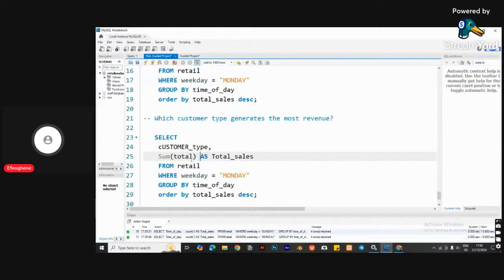So we say select customer type, right? Sum all the total, and return it as total revenue. So we say total revenue from retail, and we get rid of this, we don't need this.